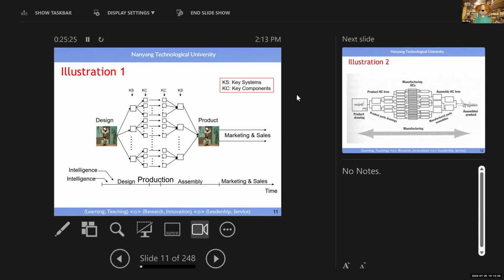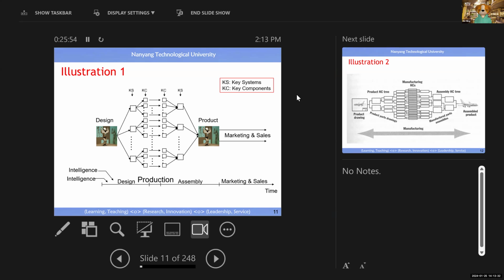So pay attention to the upstream of this diagram. This we call upstream, this is the downstream. Inside the upstream, basically you have an idea about the new product, and this new product consists of key systems. Each key system may have a lot of key components. Then you come out with a detailed design of all these key components.